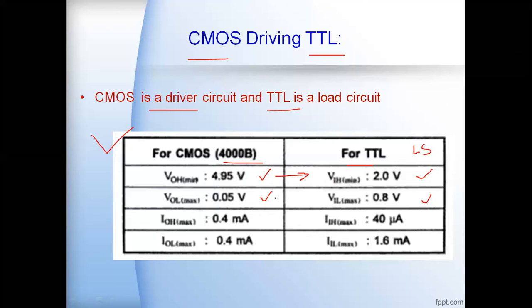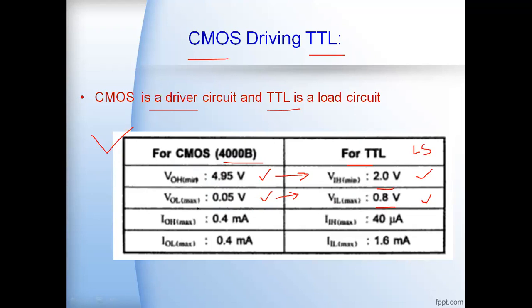The VOH is 4.95 volts and it can easily handle the 2 volts for the TTL, and the VOL is 0.05 volts.